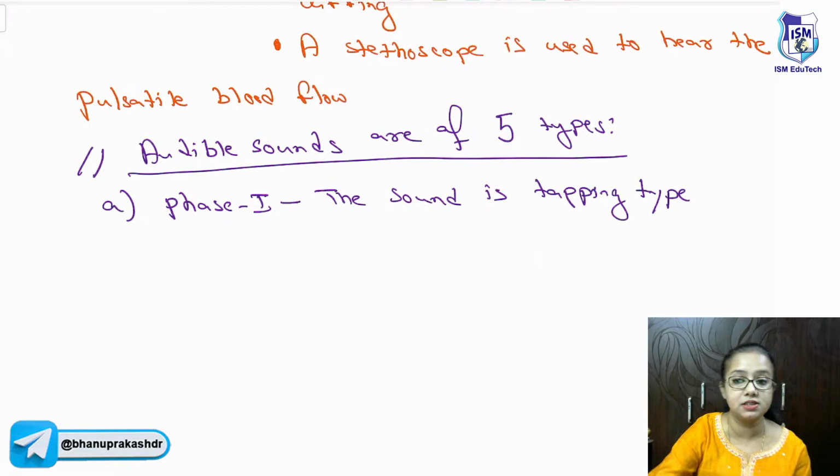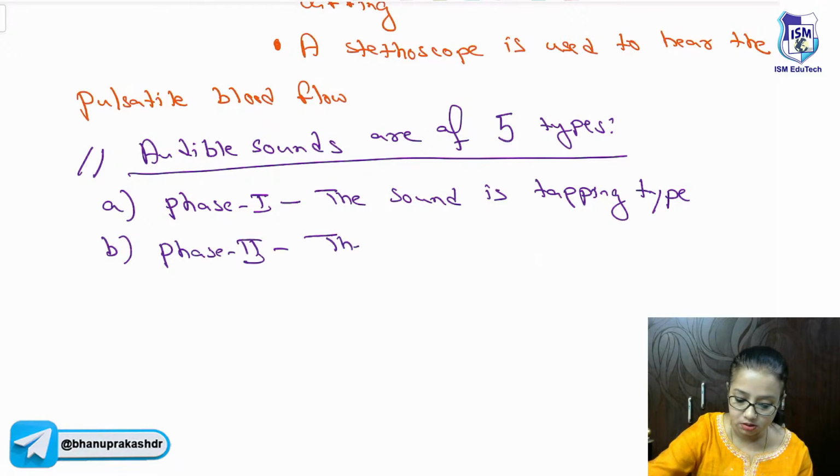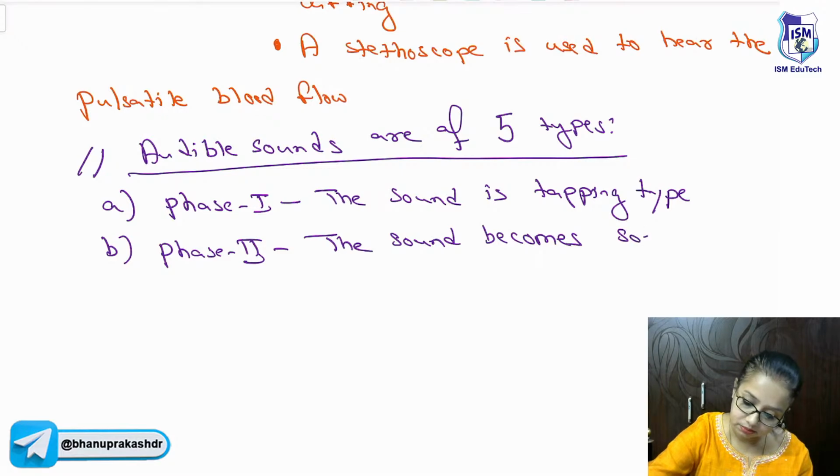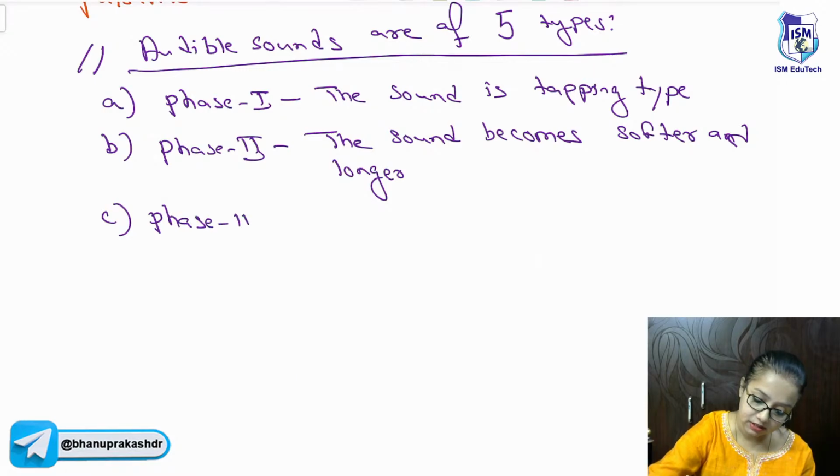The first auscultation sound that we hear is like a tapping sound. It's like a tap sound. Okay. In phase 2, the sound becomes softer and longer.